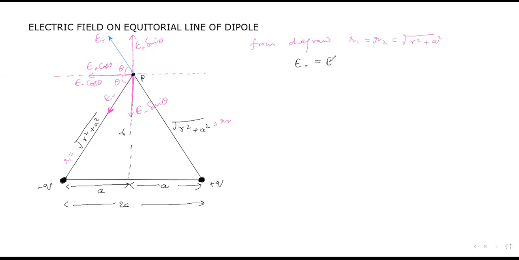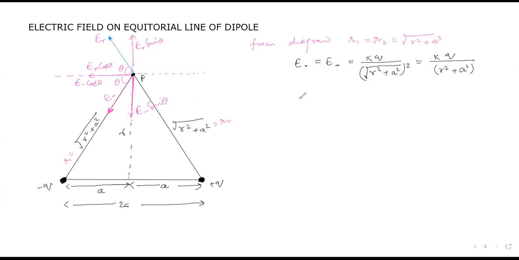I mean E plus and E minus will be K Q over the root of R square plus A square, the whole squared. This is your value of R. Finally, after squaring this root, we get R square plus A square.